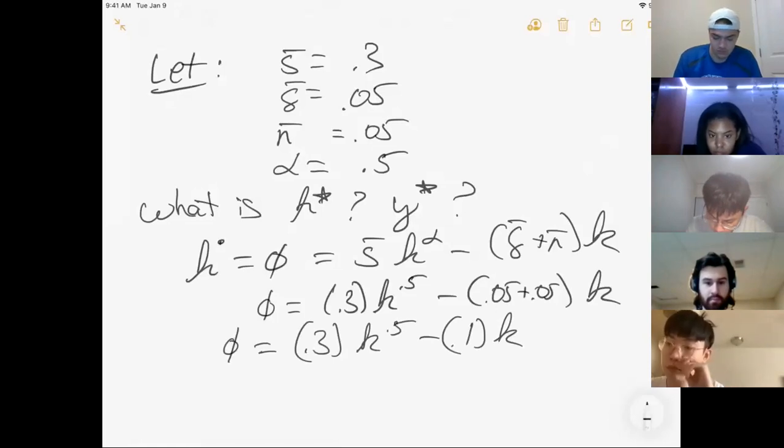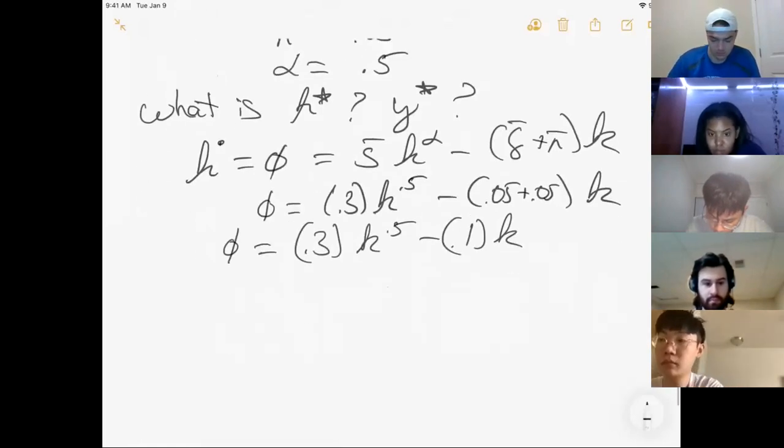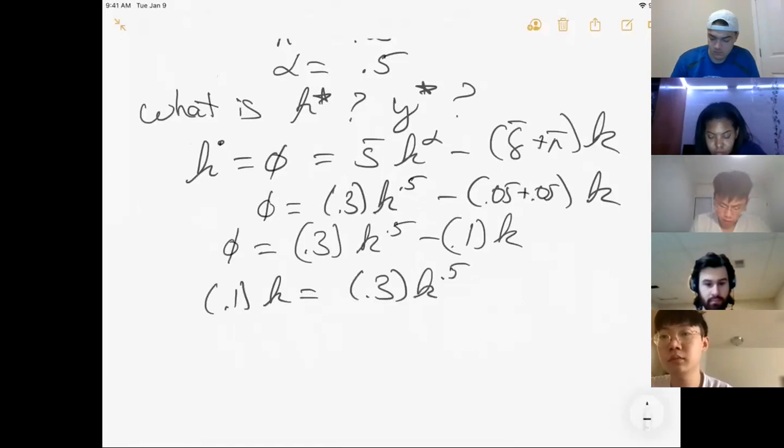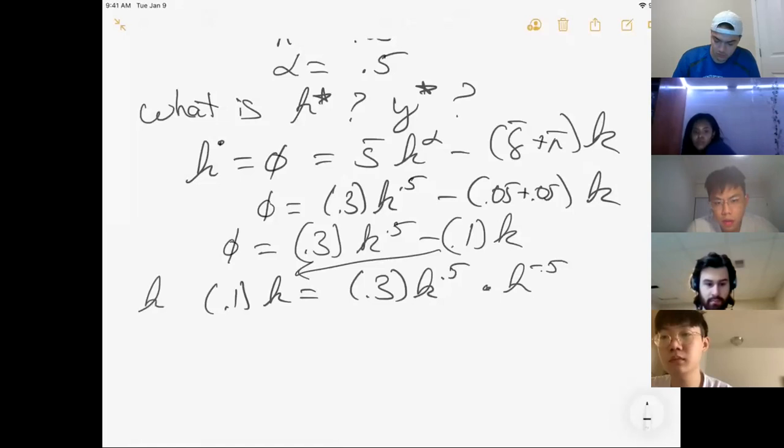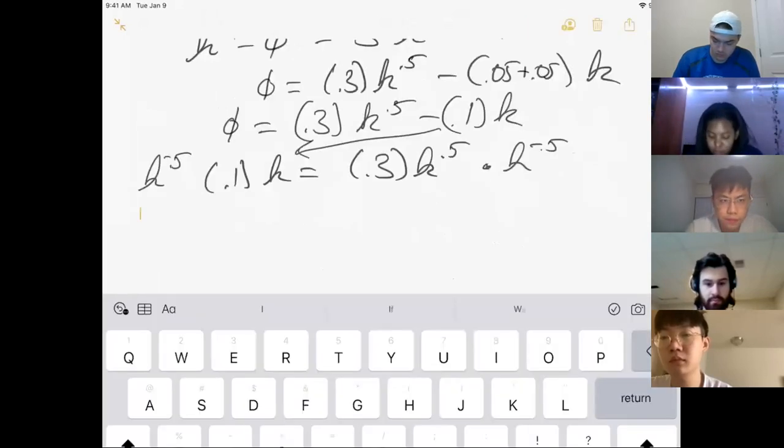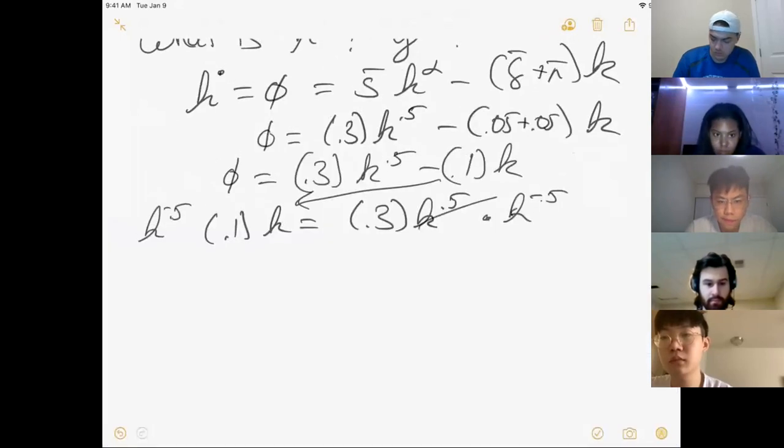So we get this. Now it's just a little bit of algebra, right? Move this over to this side. Let's multiply each side by K to the negative 0.5 power. So those cancel out.